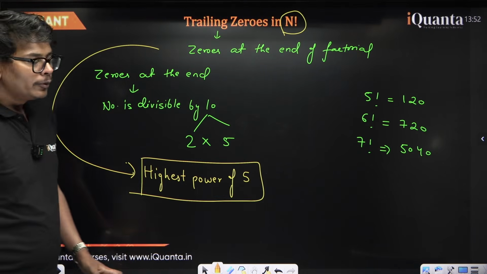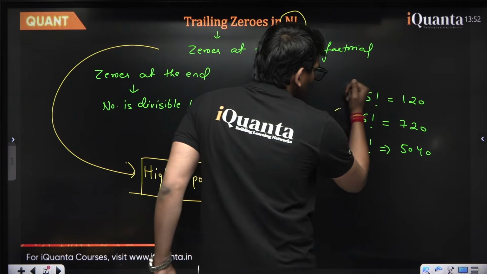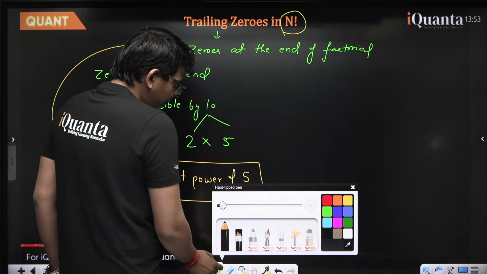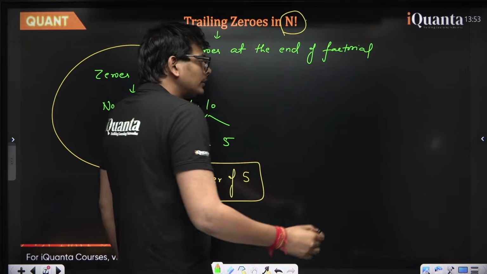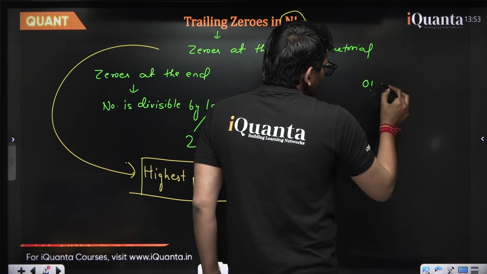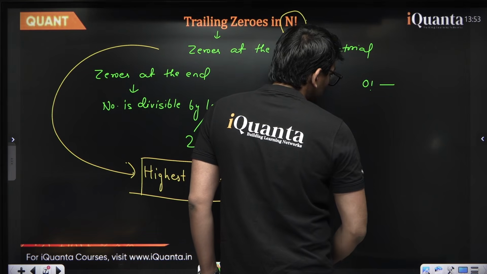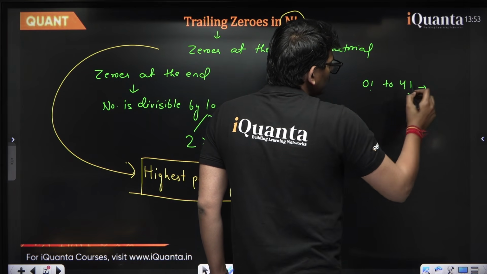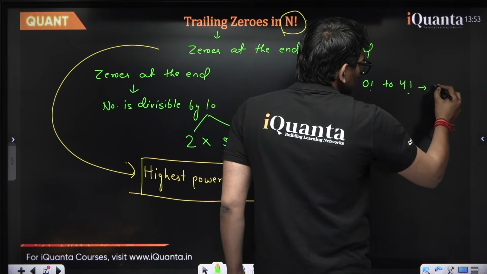Now, I'm gonna discuss one interesting concept with you. Please focus on that part also, which is very important related to number of zeros in the case of factorial. Now, 0 factorial till 4 factorial. If you observe, number of zeros will be 0.